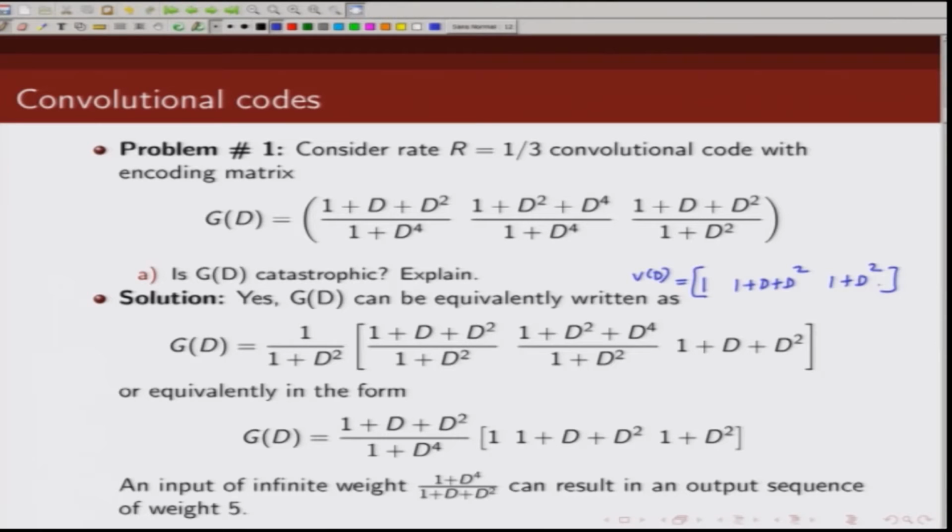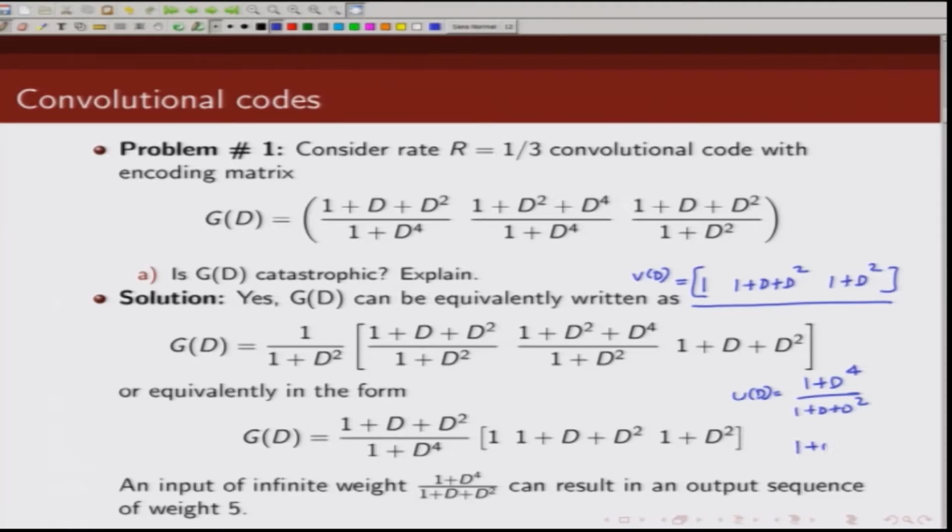Note here, the input that will cause this output is given by 1 plus D4 by 1 plus D square. Now, we can expand this.